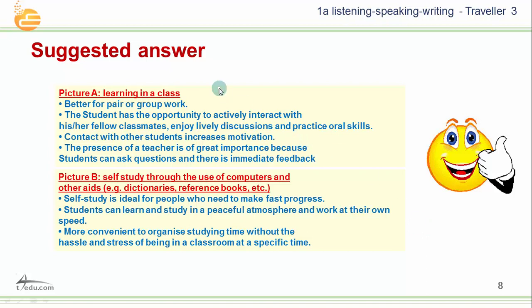If you chose picture A, which is learning in a classroom, learning a foreign language in a classroom, you can say it's good for pair or group work where you can have cooperative and active learning. You can study physical education, you can play football, you can make friendships, and so on. Also, the student has the opportunity to actively interact with his or her fellow classmates.